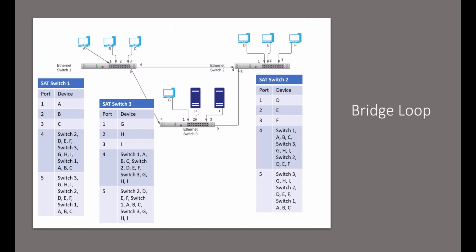Now what happens if we decide we want to make a loop in our network to add redundancy? So we connect switch 3 to switch 2. Notice now it looks like we have a redundant network.